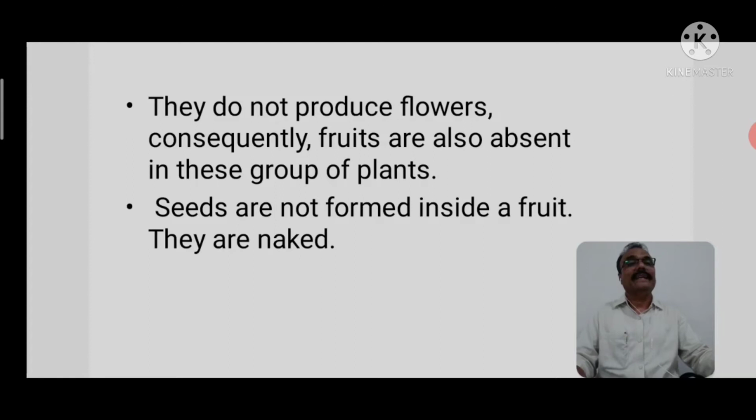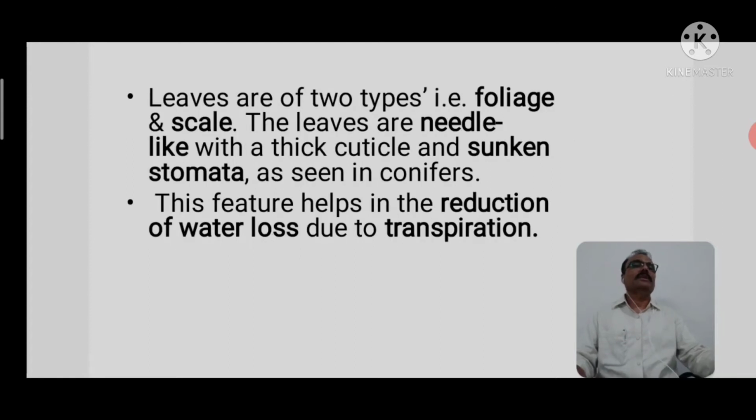They are naked. Leaves are of two types, foliage and scale-like. The leaves are needle-like, with a thick cuticle and sunken stomata as seen in conifers.